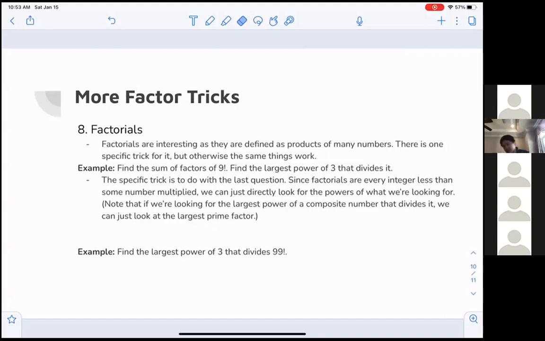All right, I see someone's got the right answer. Let's go over this. Remember, we only need to go up to the largest power of 3 that is less than 99. In this case, it would be 3 to the power of 4, right?